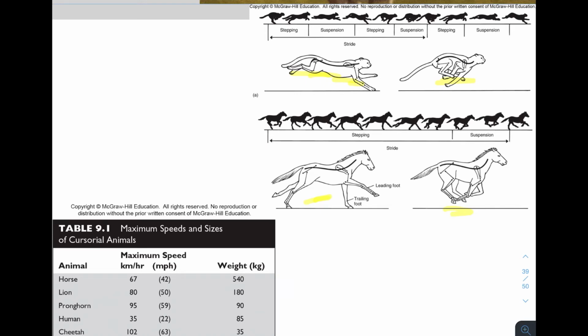The second thing to notice here, if you look at how much suspension you get, notice here there's a suspension phase that is an extended suspension phase, a flexed suspension phase, and back to another suspension phase.